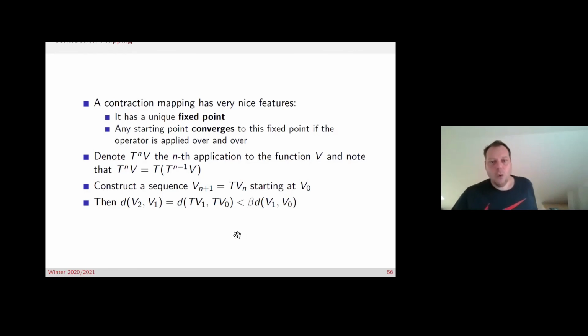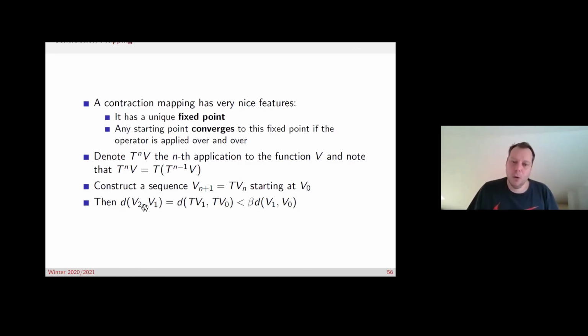So what we know, for example, if we look at two original functions, v0 and v1, where v1 is obviously the operator applied to v0, but this doesn't matter here, is that the distance between having the operator applied to function 1 and having the operator applied to function 0 is smaller than beta times the distance between the two original functions.